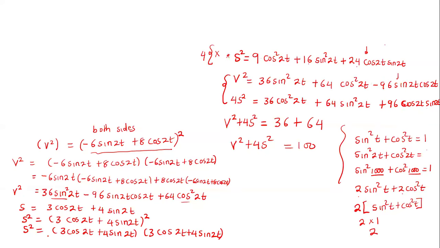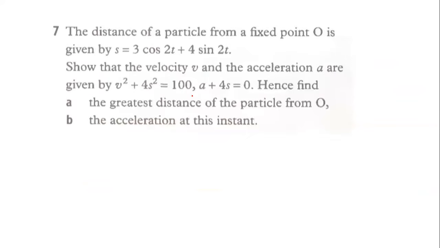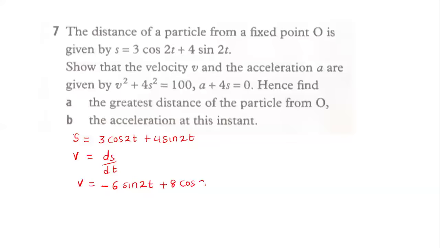So we are going to show the second part. Members, the second part is not so hard. Also, we follow the same. Remember, I want to remind you that we had our S as 3 cos 2t plus 4 sine of 2t. We went on and obtained our V as dS/dt, which gave us V as negative 6 sine of 2t plus 8 cos of 2t.